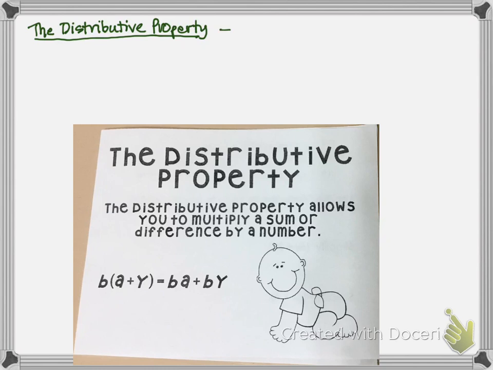So what we're going to do with the distributive property is we're going to multiply an outside term. In the case of the example we had, it would be the 3.